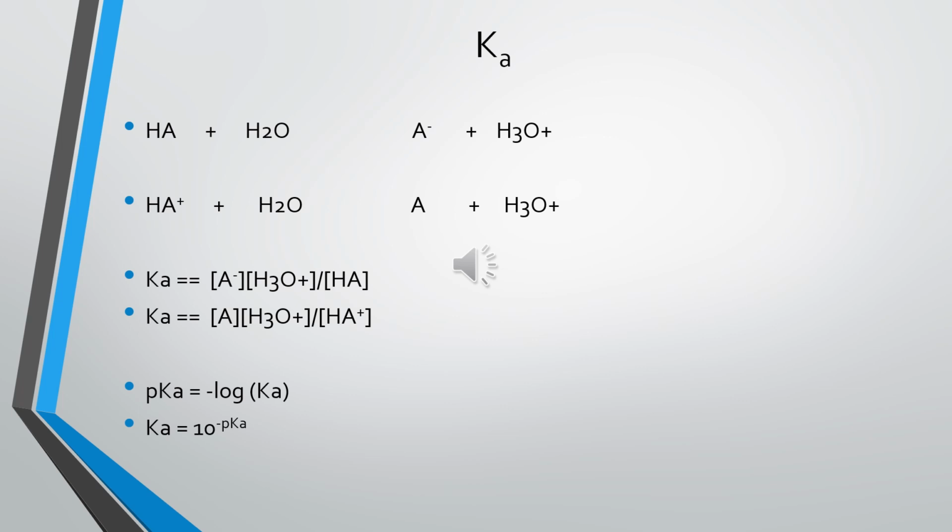Or again, to look at it the other way, you can see Ka is equal to 10 to the minus pKa, and so for a very large and positive pKa, you have a very large negative exponent, which means you have a very small Ka. Okay, so large, very positive pKa, and yes, pKa's can be negative. Large and very positive pKa's indicate a very, very weak acid. Very low or negative pKa's indicate a very, very strong acid.